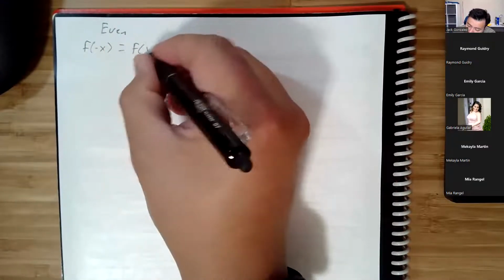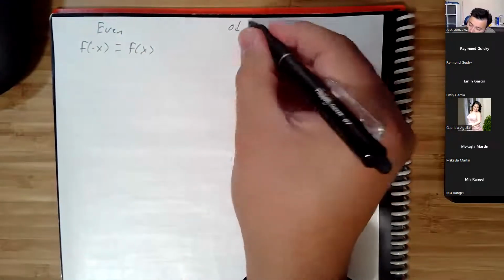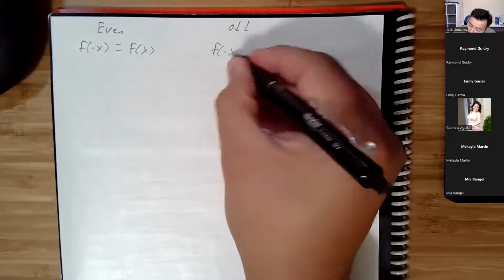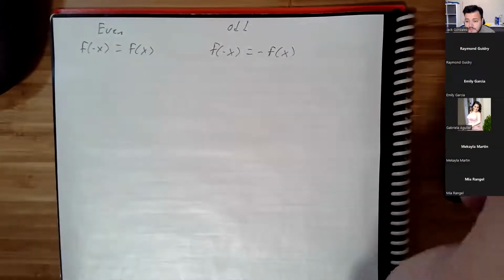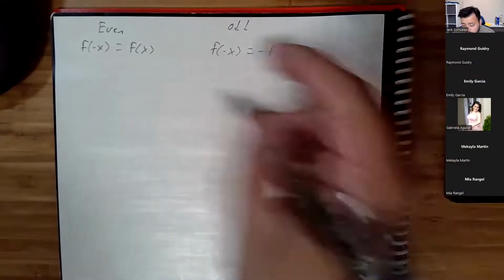All right. So just the definition, just real quick. Even means this for any function that is even, and odd means this. Now I'm going to move on. This is the definition. If this happens to your function, then it is even.